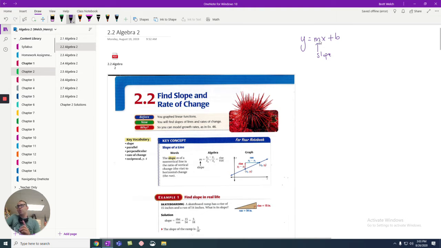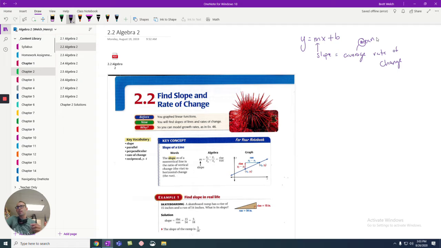But it's not random when you think about the fact that slope literally means the average rate of change. Okay? And when we talk about averages in mathematics, the most common average we often talk about is the mean. And that's where the m comes from. It's the mean or the average rate of change. So that's sort of a little bit of background into where this is coming from.